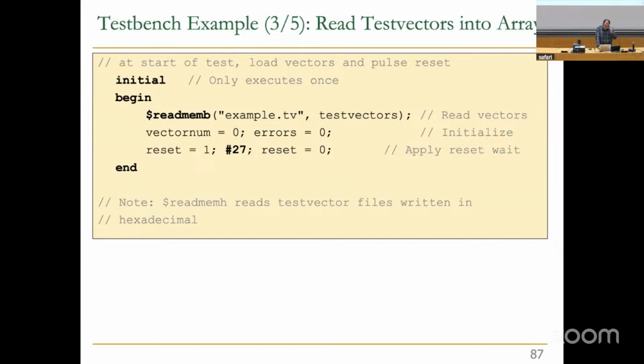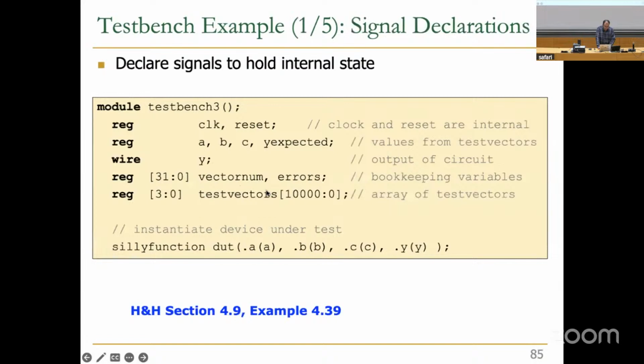Okay, and in the initial statement, you need to open this file, example.tv, the file that has all the input vectors and outputs, and map that to test vectors. Test vectors is defined here as an array, and each element is 4 bits in our array. Why 4 bits? Because we need 3 bits for inputs and 1 bit for output.